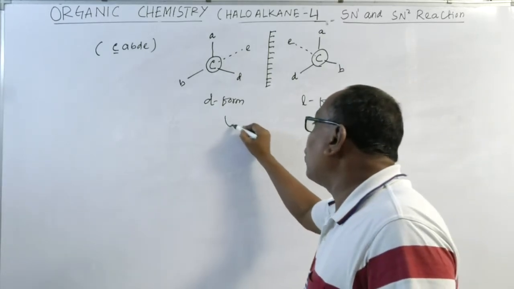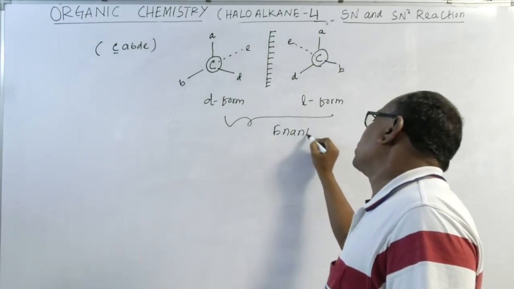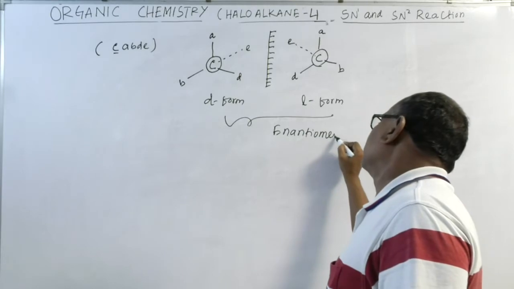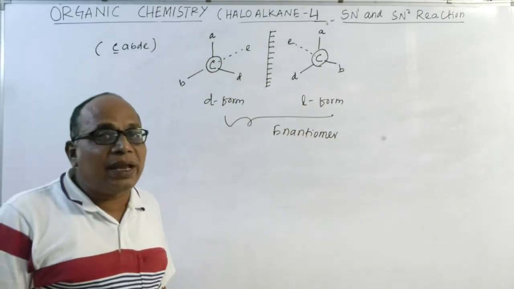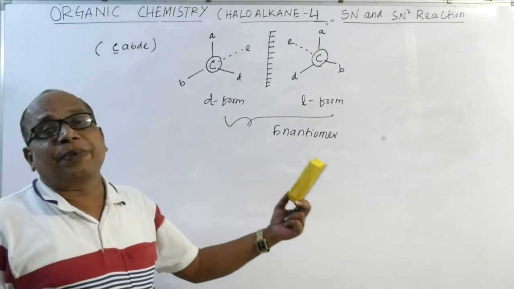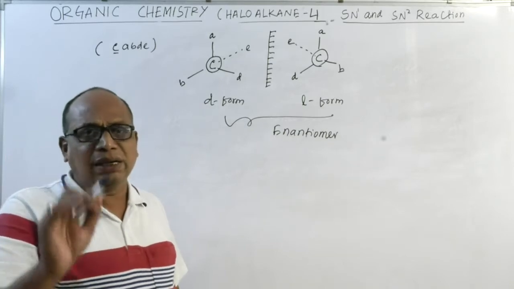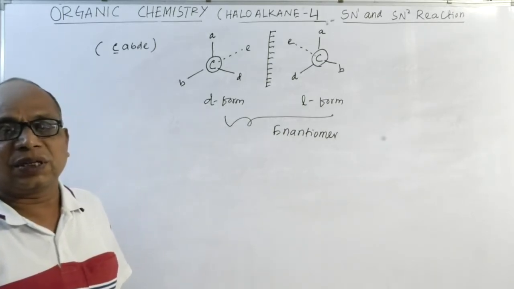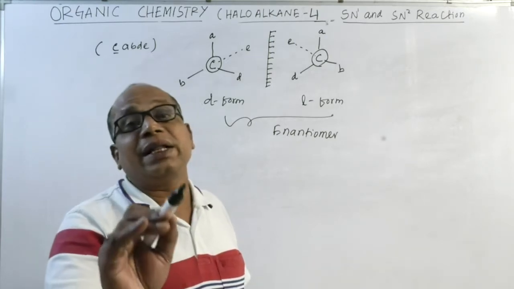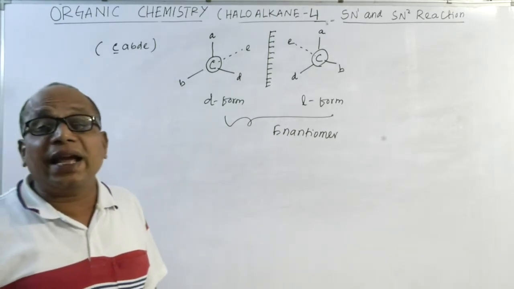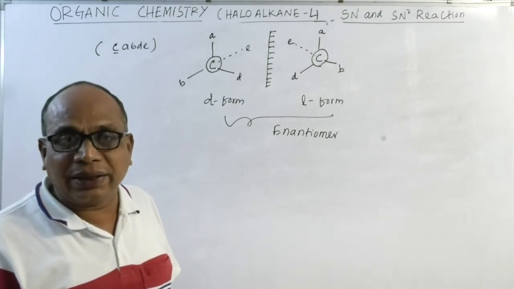And both these forms are known as enantiomers. Why is it called an enantiomer? Enantiomer means the pair of optical isomers having the same physical properties, the same chemical properties, but different in the direction of rotation of plane polarized light.